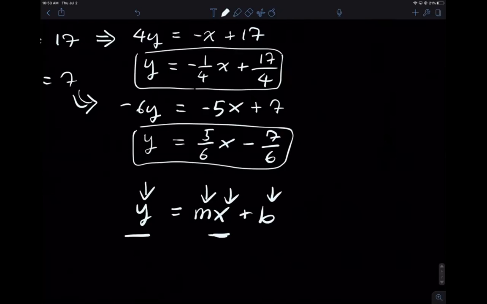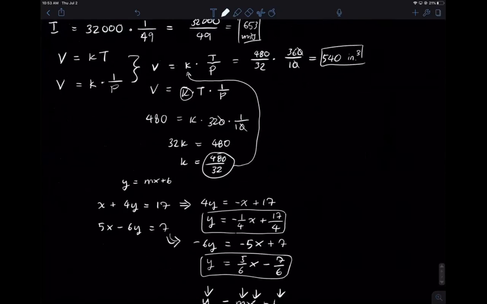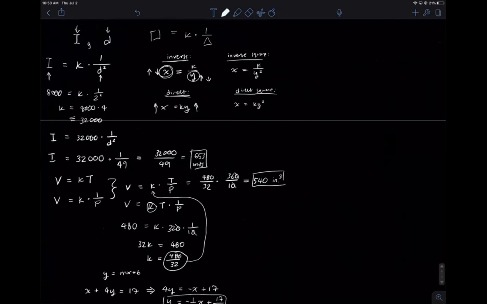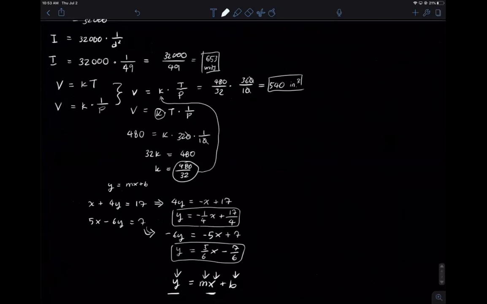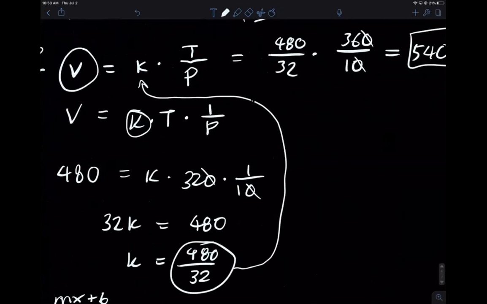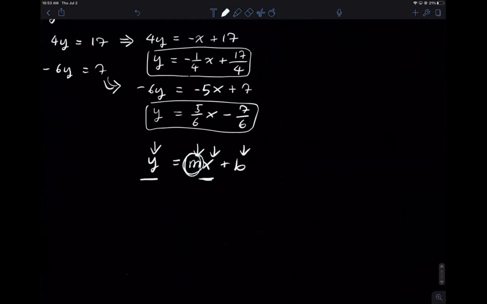Before, when we were talking about these sorts of problems, we were just relating v, t, and p, but the thing that told us by how much was k, our constant. That was kind of like a slope. In this case, m is the slope because that tells us the extent of the relationship between y and x.